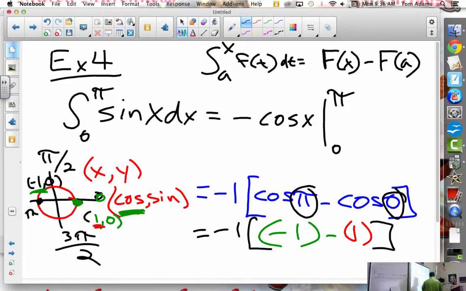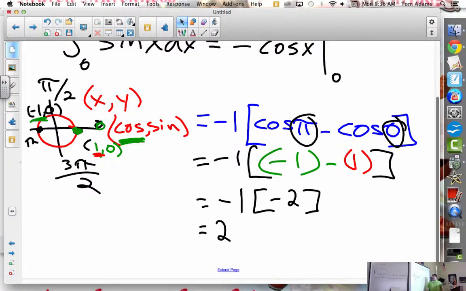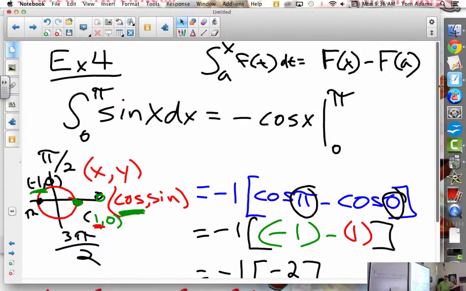So the area under the curve is -1 times -1 minus 1, or -1 times -2, or 2. Okay? So I just did by hand the definite integral of sine of x from 0 to pi.